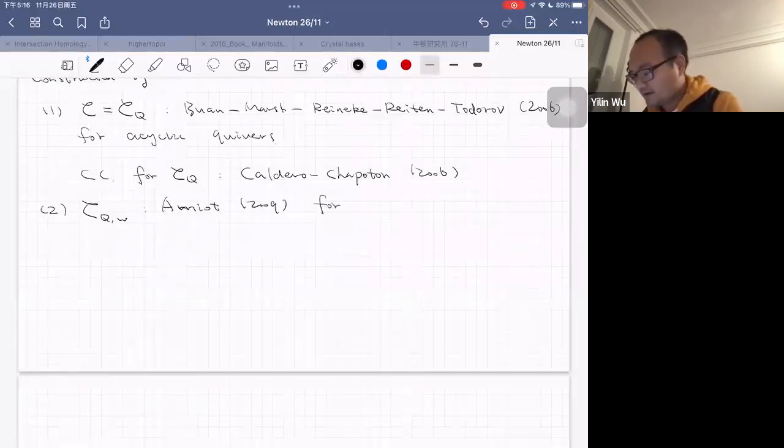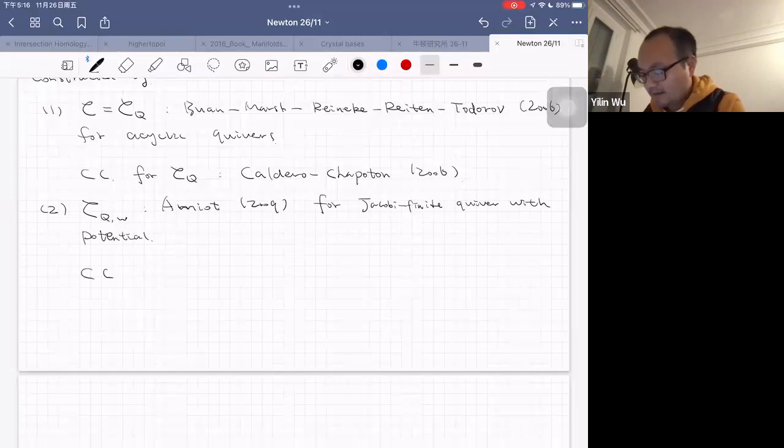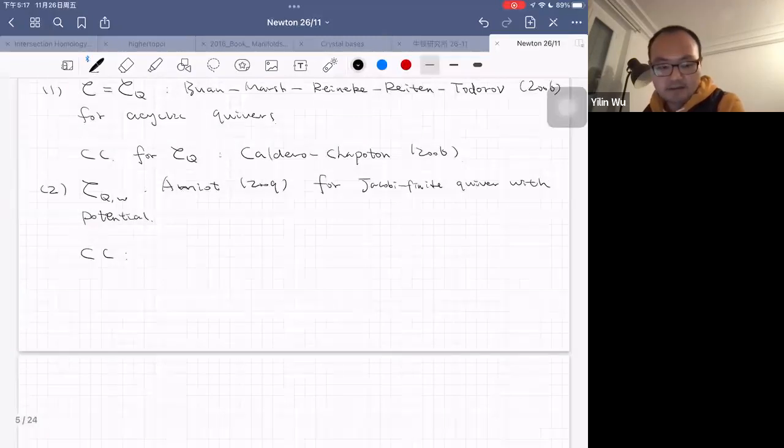She considered the Jacobi-finite case. And in this case, the cluster character is introduced by Derksen, Weyman, Zelevinsky, and Palu.